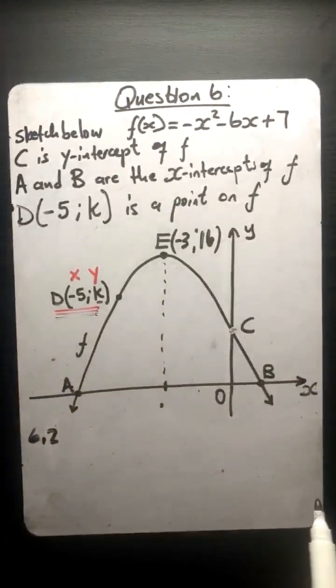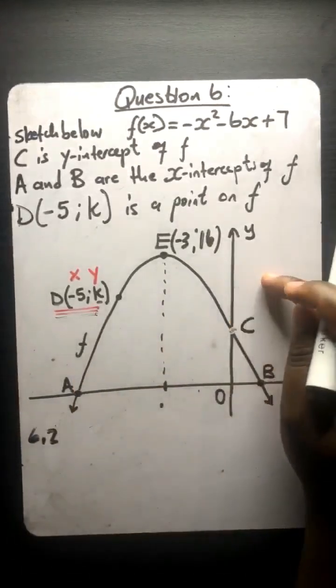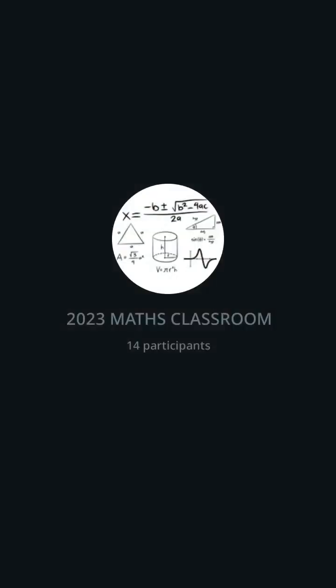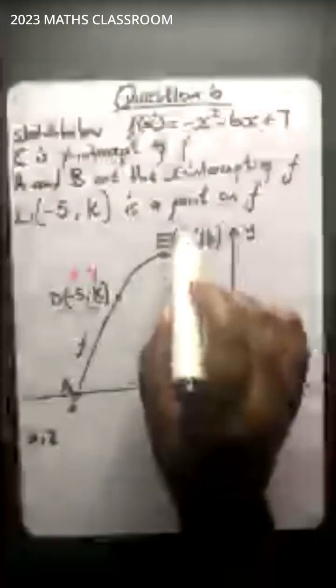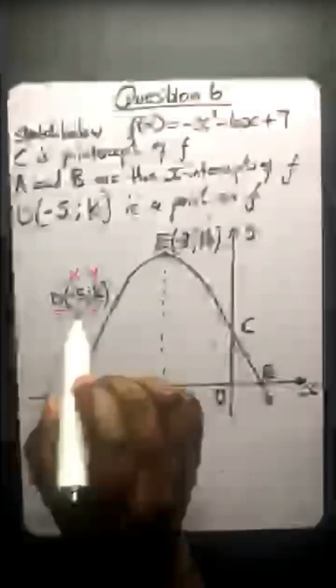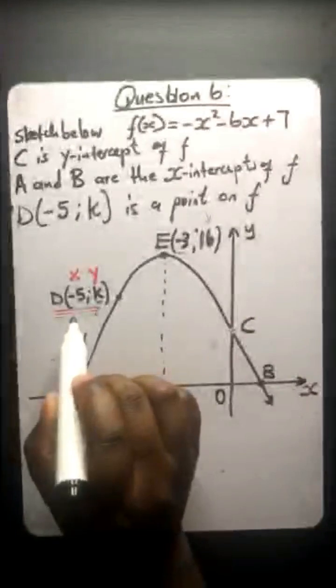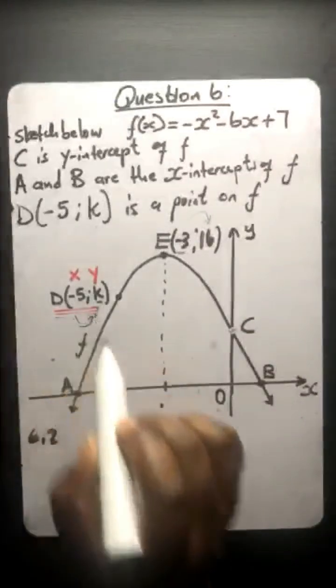This question is not different from the previous question. Once we got the x value, we use it to calculate the y value. So in this case, they've already given you the x value. You use it to calculate the k value.